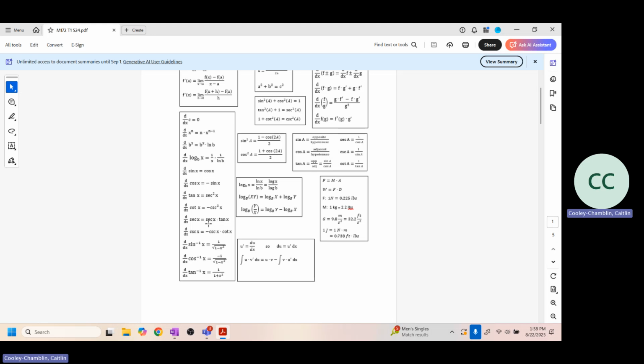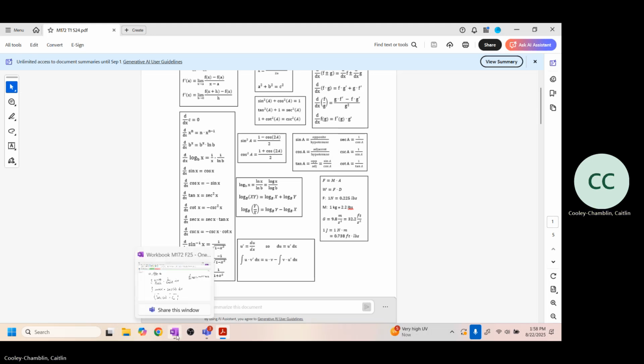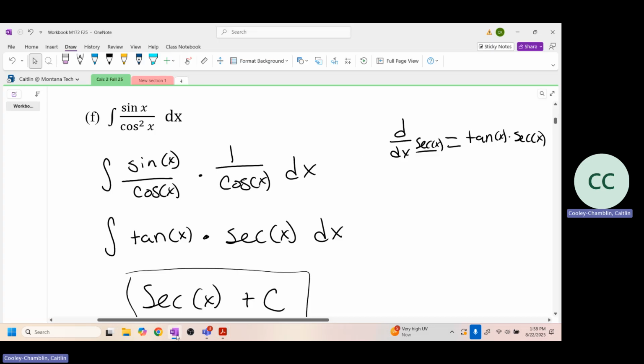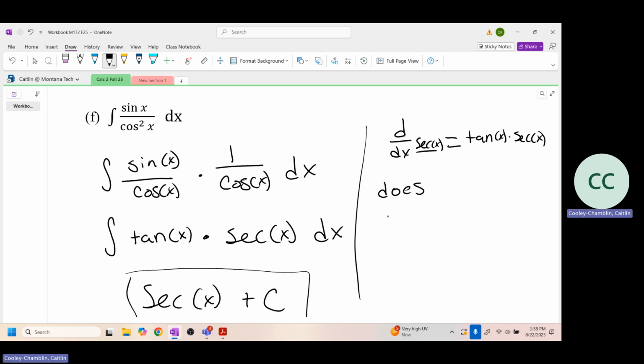This other one, my brain goes, so I kind of ask myself off to the side, does sine of x secant squared x equal tangent of x secant x?